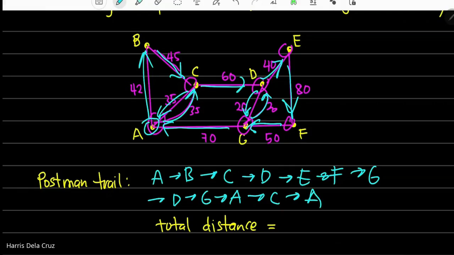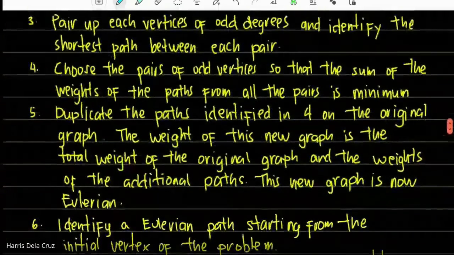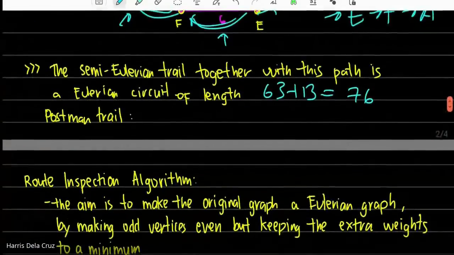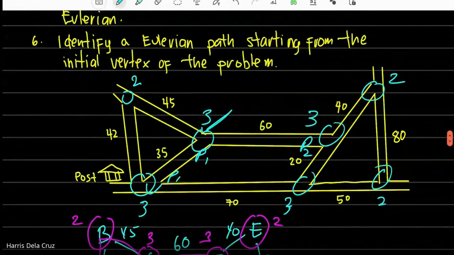So ano yung total distance? So kanina, kinumpute natin yung weight. Ang total weight na na-compute natin ay, di pa pala natin na-compute yung weight, no? Okay, so compute natin yung weight. So that's 42 plus 45 plus 35 plus 60 plus 70, plus 20, plus 90, plus 80, plus 50.